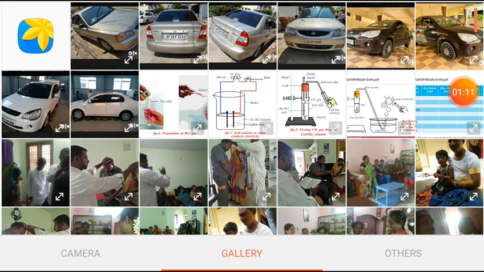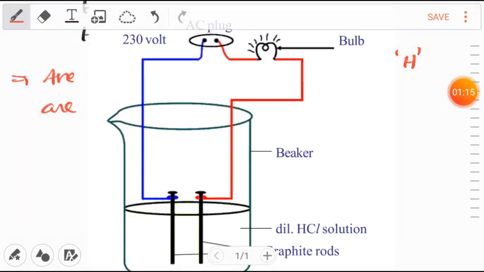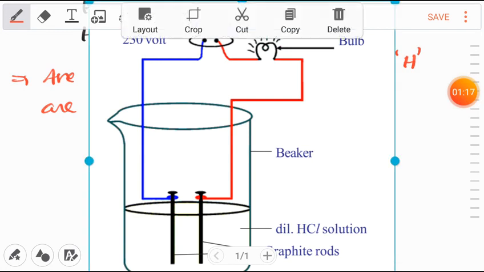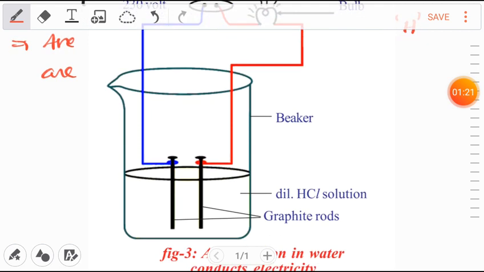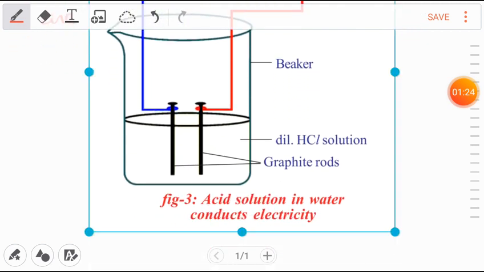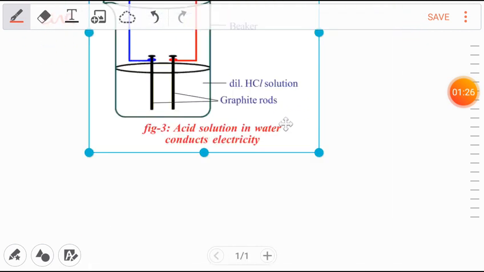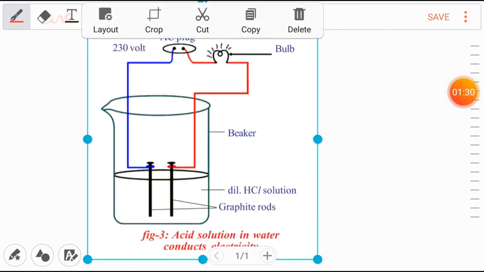This is the experiment, this is the diagram. There is a beaker. In this beaker, 2 carbon rods are arranged and 2 wires are arranged in the circuit.